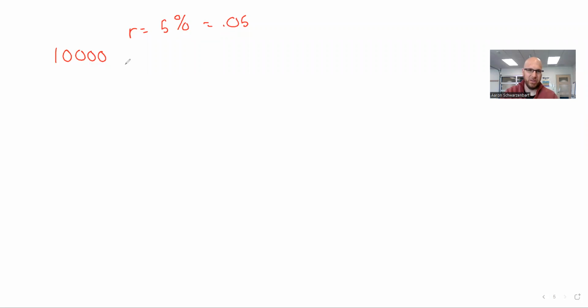If I want to know how much interest I get each year, I multiply my 10,000 by 0.05, giving me $500. So for leaving my money in the account, the bank paid me $500. That's nice. I like that. So that leaves me at the end of the year with 10,500.